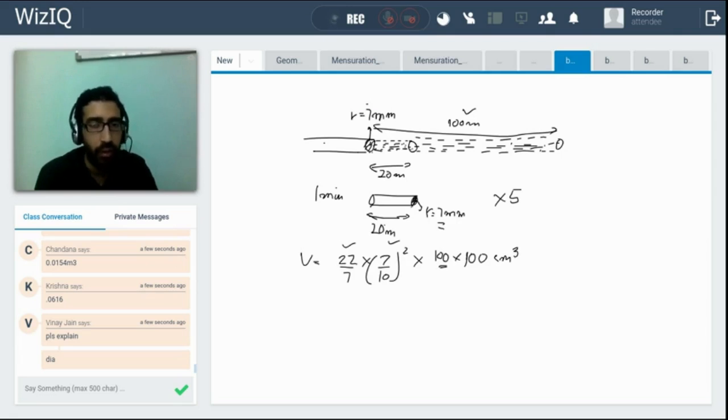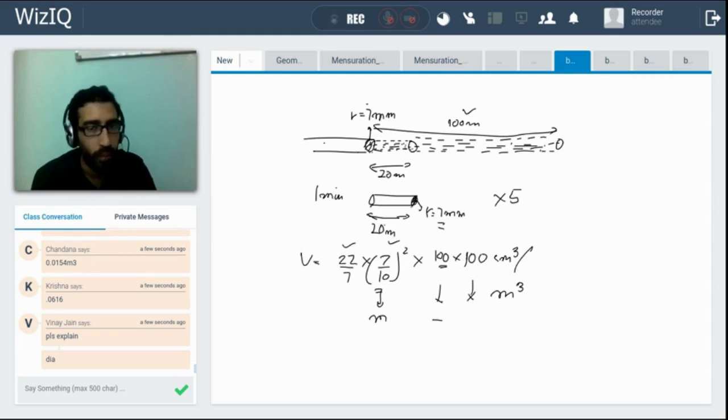Your final answer will be in centimeter cube. You could have alternatively chosen to keep everything in meter cube. That is also fine, for which you would have needed to convert 7 millimeter to meters. You already had 100 meters, so you would not need to convert that.